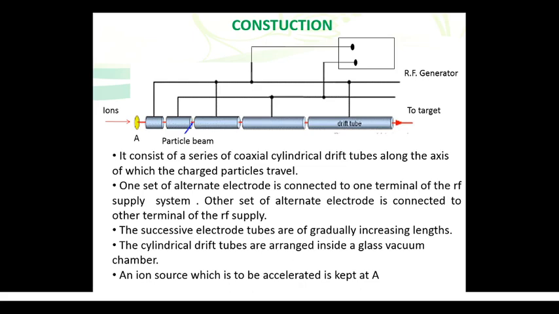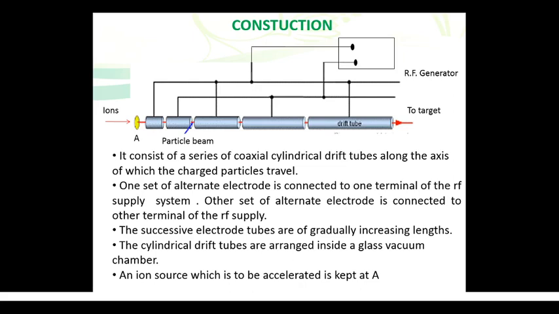Alternate drift tubes, 1, 3, 5, are connected to one terminal of the RF oscillator, while the other set of alternate electrodes, 2 and 4, are connected to the other terminal of the RF generator.